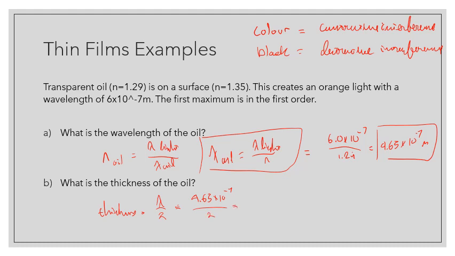This comes out to be 2.33 times 10⁻⁷ meters. So that is the thickness of this thin film. So that was all of the unit that is called the wave nature of light in SPH4U. Thank you.